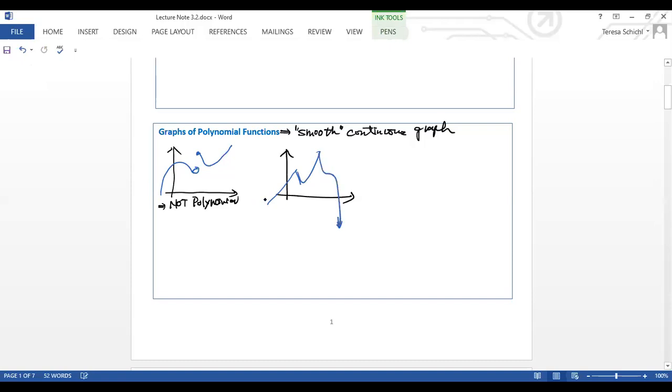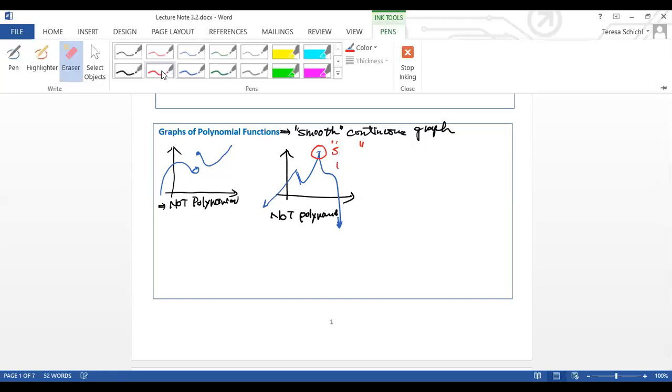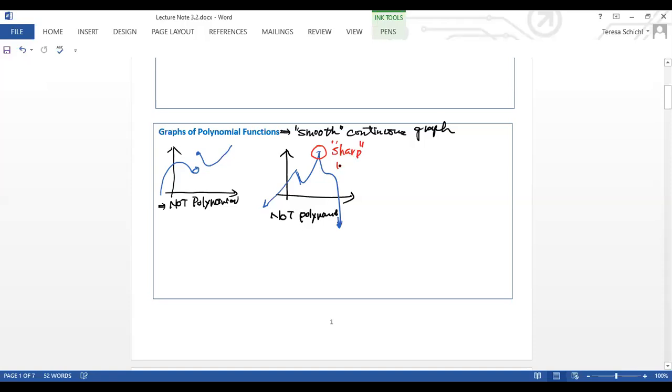If this is the graph, we also say this is not a polynomial. Why? Because I have this sharp point. Remember, the polynomial has to be smooth, all right?